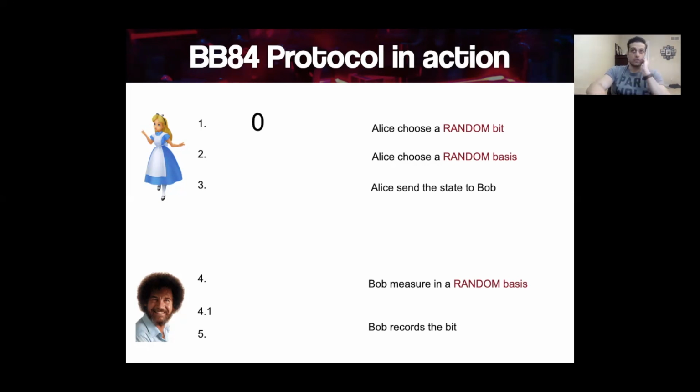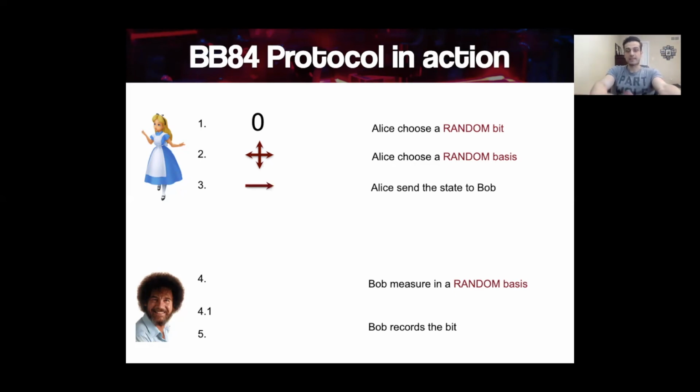So Alice chooses a random bit, 0 or 1. Alice then chooses a random basis. Here we're going to be using the polarization of light. Alice is going to choose the horizontal and vertical basis to send her photon in, so it's polarized horizontally or vertically.